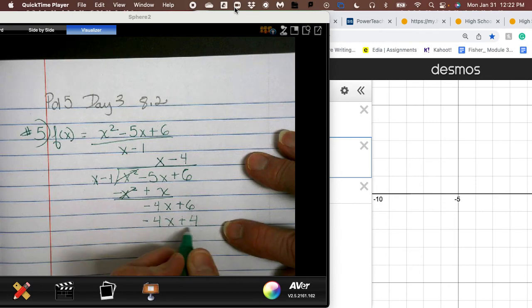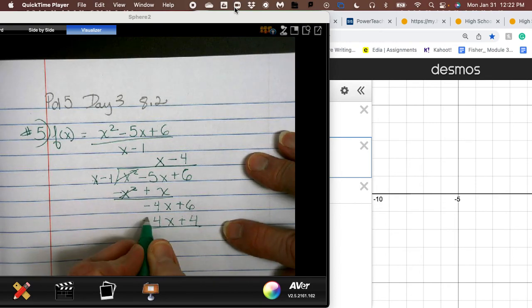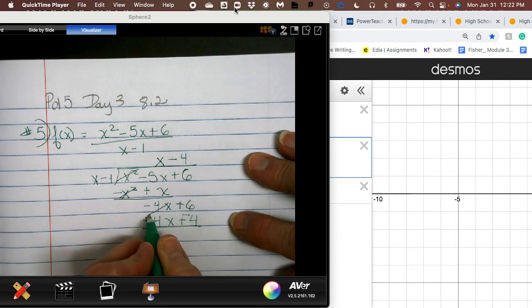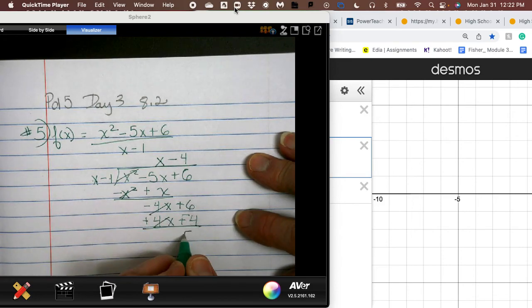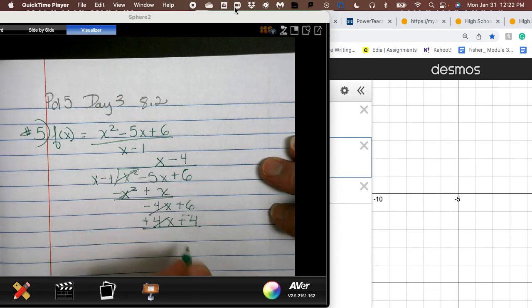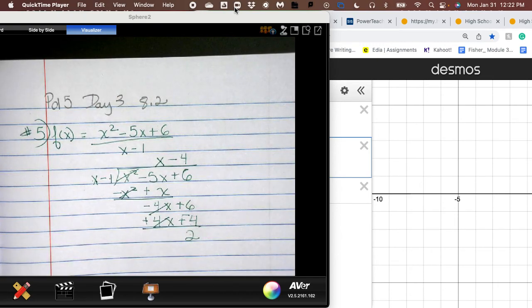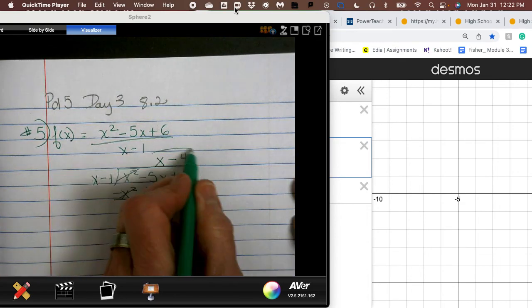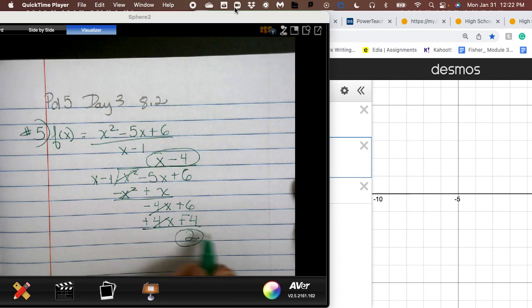Positive 4 to start with. Draw the line. Change the signs. Add down to 2. All right, so here's my quotient. Here's my remainder.